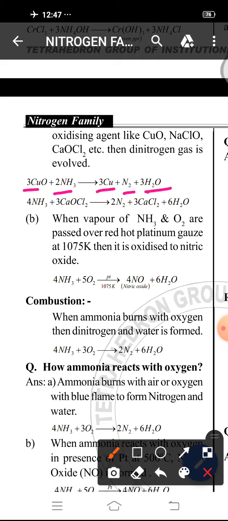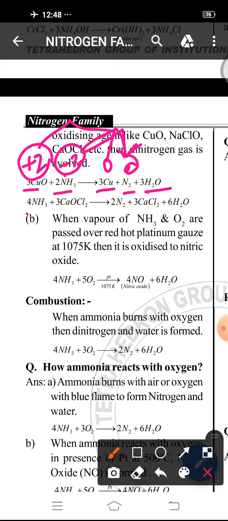So this is an oxidizing agent. In this case, it oxidizes ammonia from the -3 oxidation state to 0 and itself undergoes reduction from +2 to 0. It oxidizes nitrogen from -3 to 0.